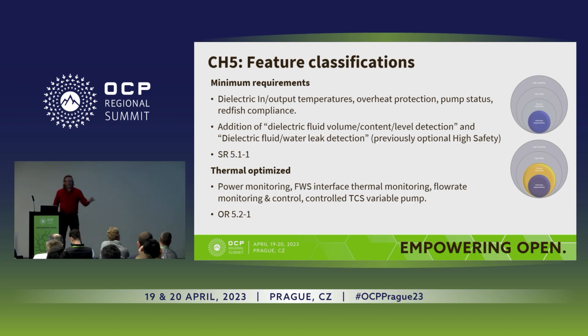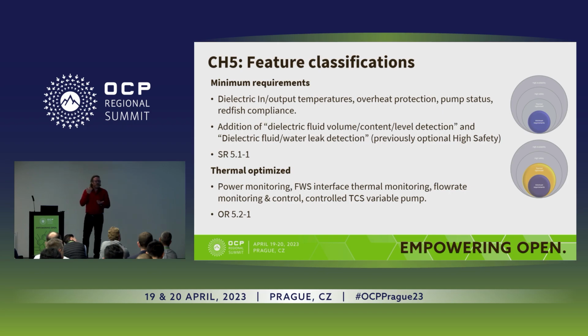Then we have the optional requirements for thermal optimized solutions. What does a thermal optimized solution mean? It means that you have a means to monitor the power that goes into a solution, and that there is a facility water system related interface for thermal monitoring, so that you know what the temperature of the facility coolant is that comes into the tank and comes out of a solution.